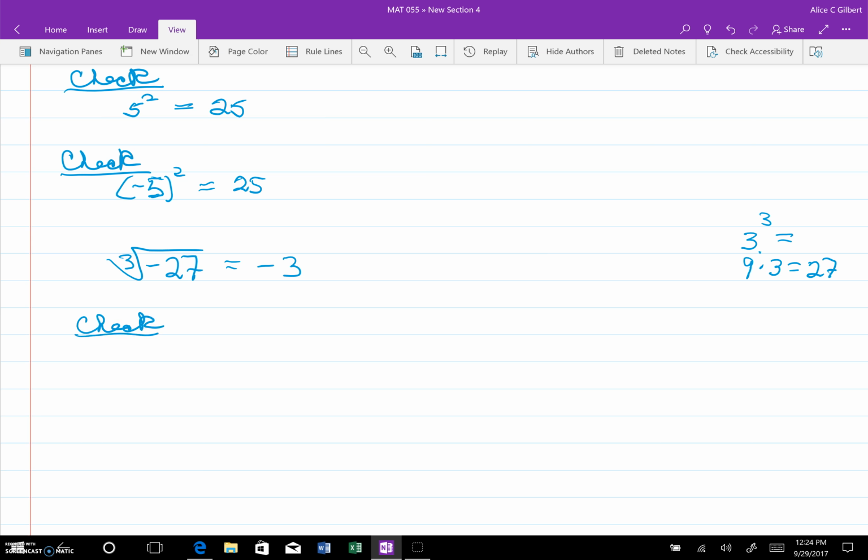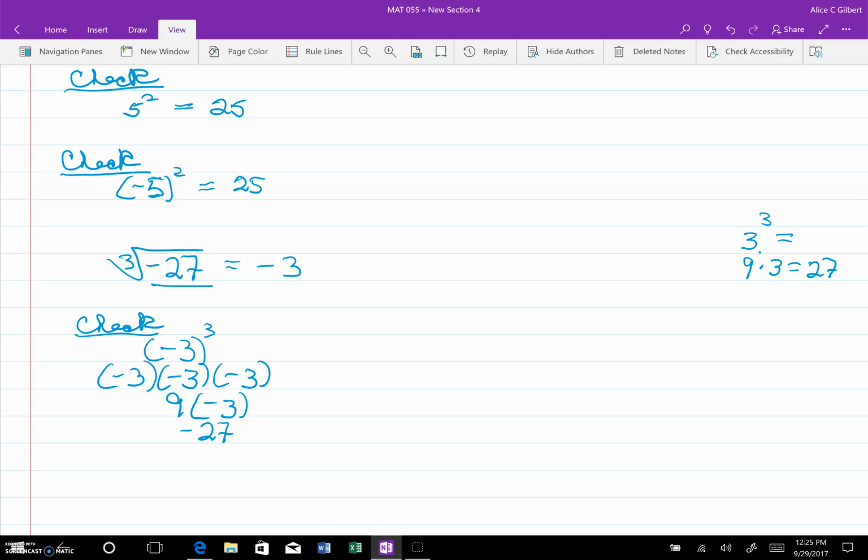This would be negative 3 cubed, so negative 3 times negative 3 times negative 3. Negative 3 times negative 3 is positive 9, and positive 9 times negative 3 is negative 27. And we just got back to our original.